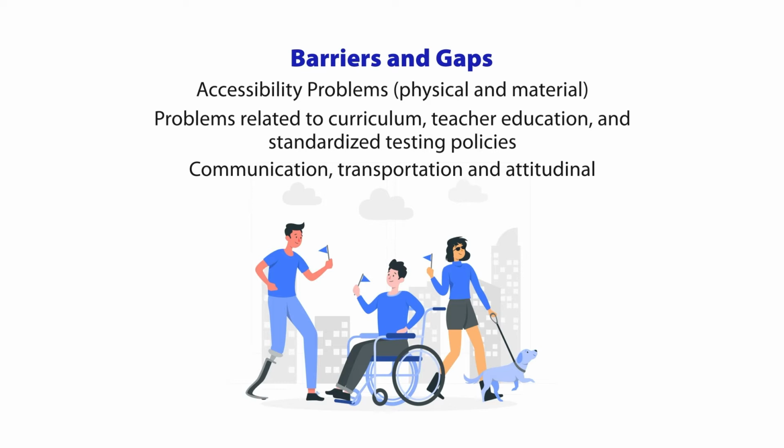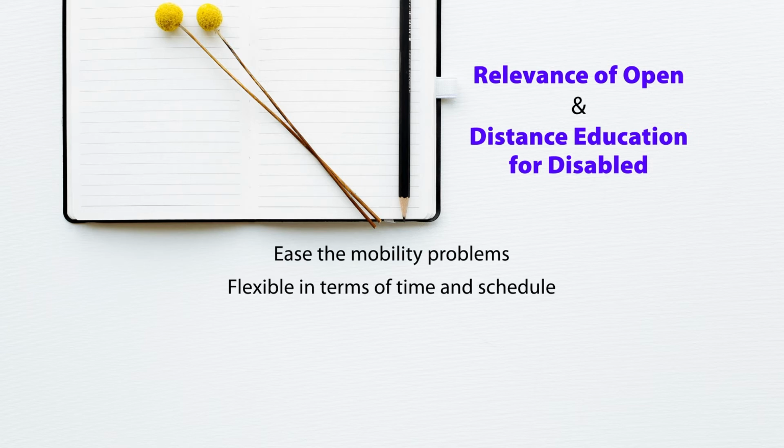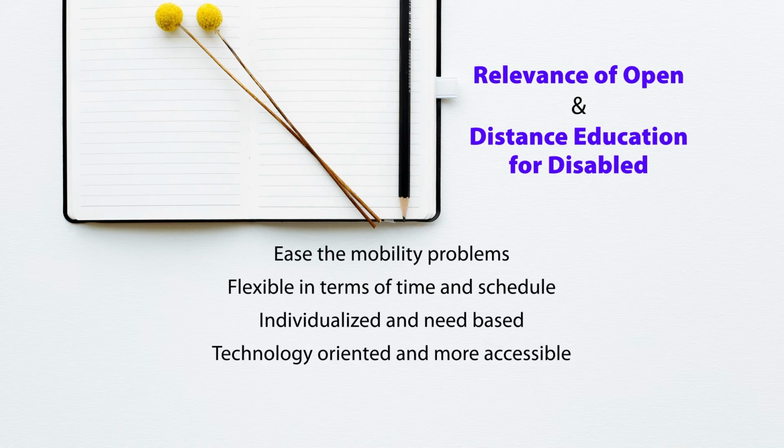the persons with disabilities. Then we can talk about the relevance of open and online education for the disabled. How does it happen? In online education and open distance education, mainly we say that it addresses the mobility problems, because one can be given education by sitting at home, at his or her place.